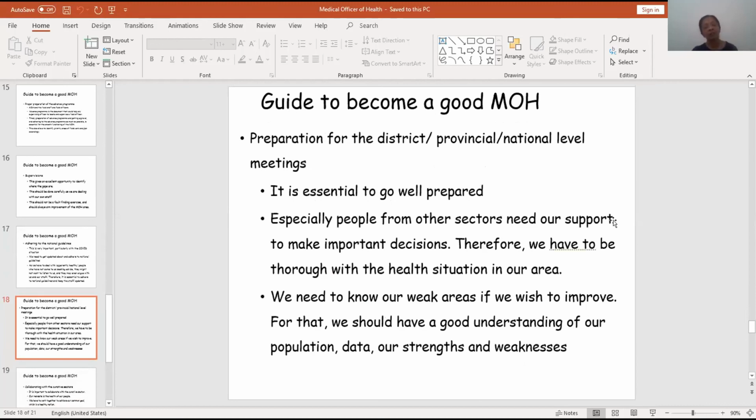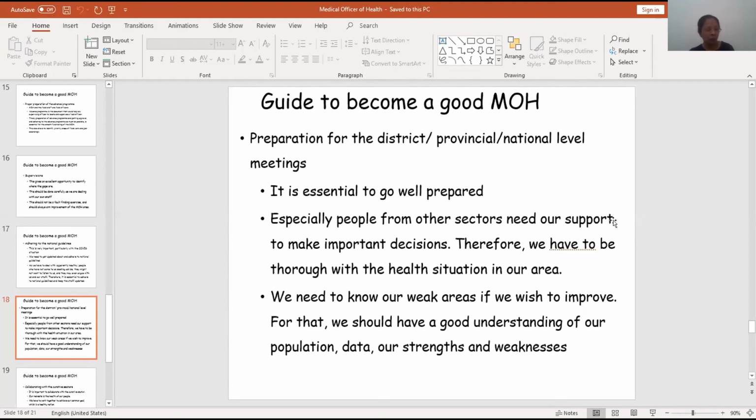Then, preparation for district, provincial and national meetings. It is essential to go well prepared. Don't allow the public health nursing sister or the development officer to prepare the presentation, and on the day of the review meeting, open the presentation there for the first time.